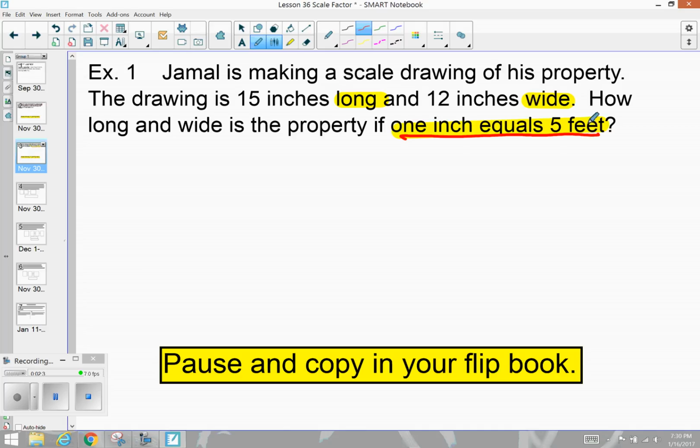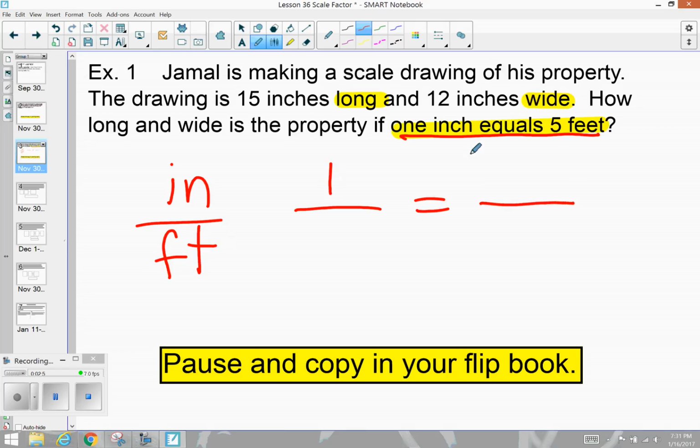Okay, let's go ahead and write down what we know. We're comparing inches to our feet. Let's set up our values for our proportion. They said 1 inch, so under the inches I'm going to put 1, and under the feet, it's equal to 5 feet, so I'm going to put that there.